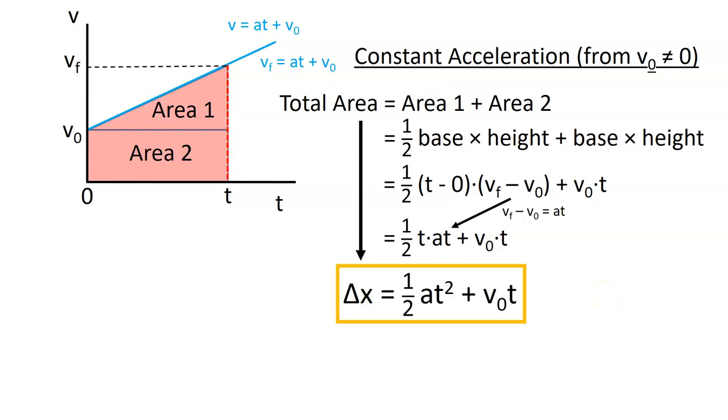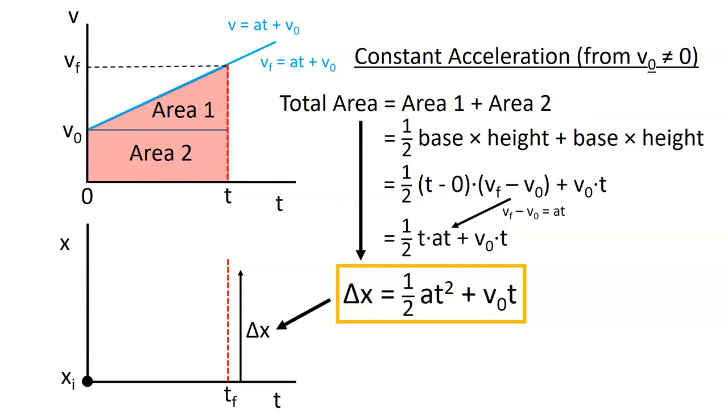You'll notice another similarity to the equation from the previous slide. We would use this in the same way. If we had an initial position, after that time interval for which we found the area under the graph, we could apply that displacement, thus finding the new final position after that interval.